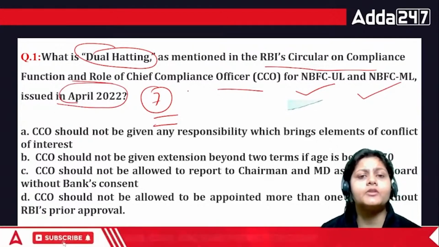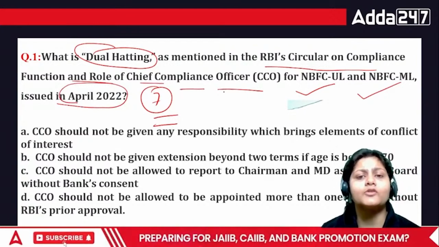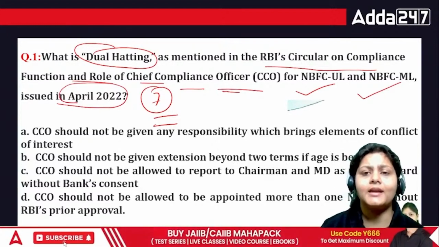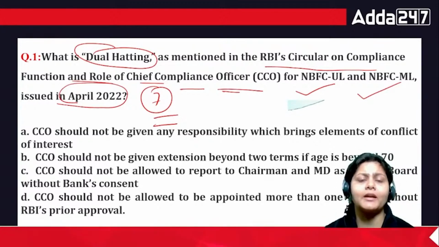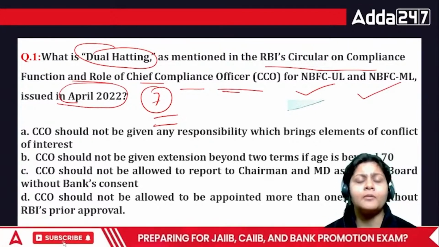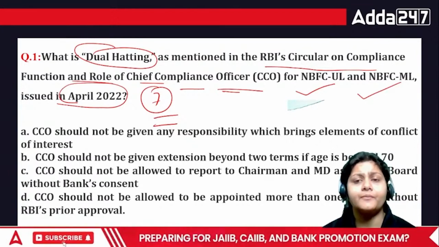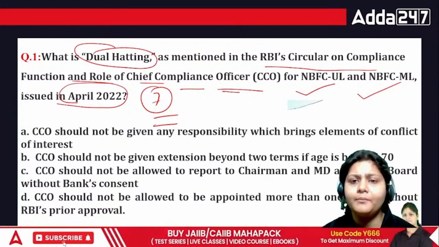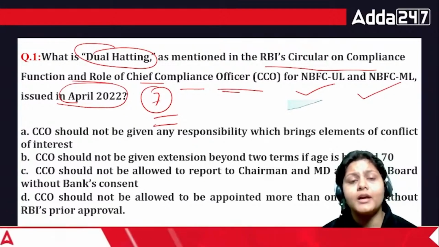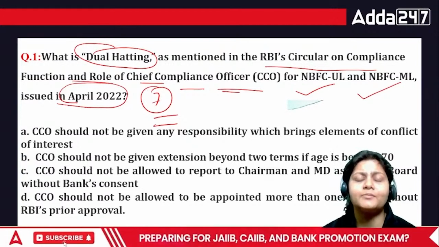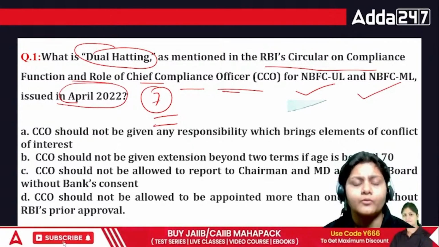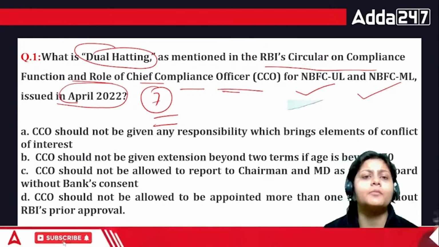When we are talking about the chief compliance officer, in the bank the chief compliance officer is a senior executive, normally at GM or maybe CGM level, and they have to take care of all the compliance functions in the bank. They have to collect the certificate from the overseas branches, domestic branches, and from the ZO and RO. So here we are talking about dual heading.